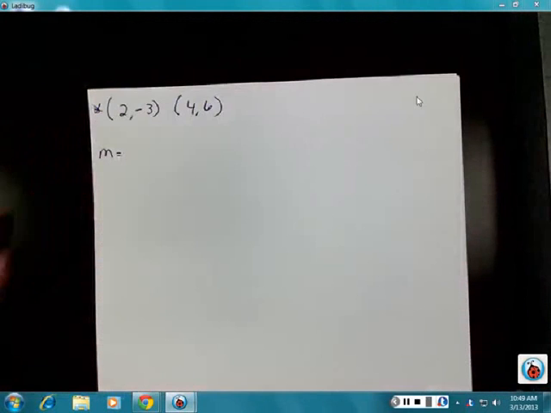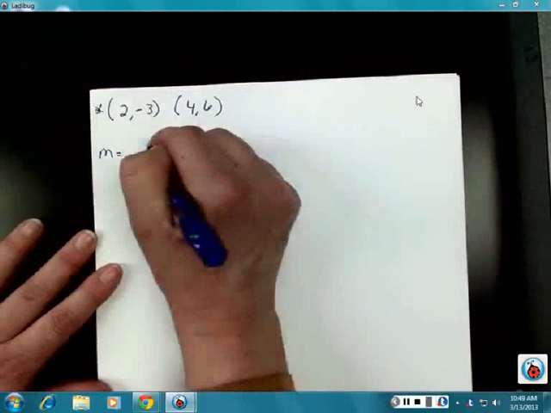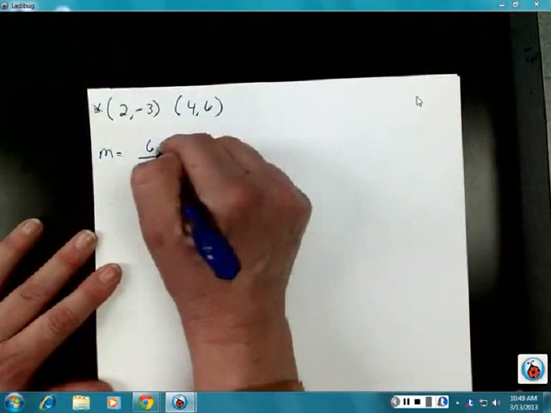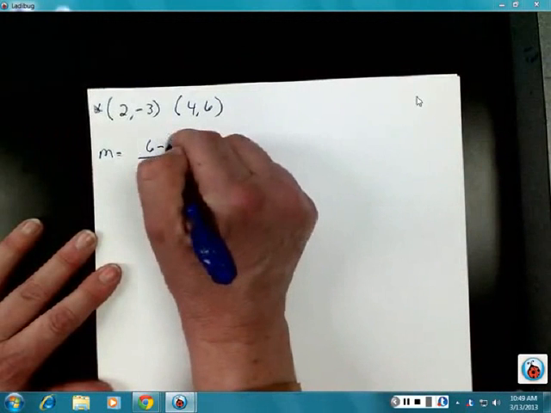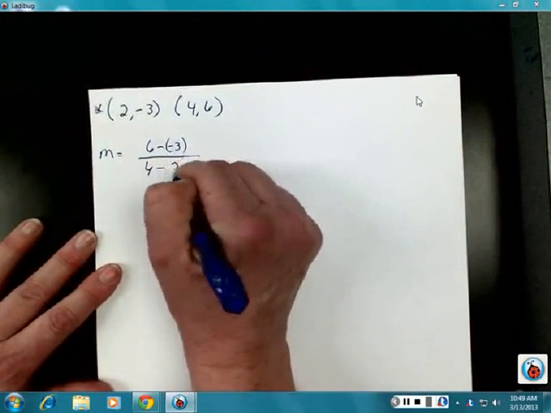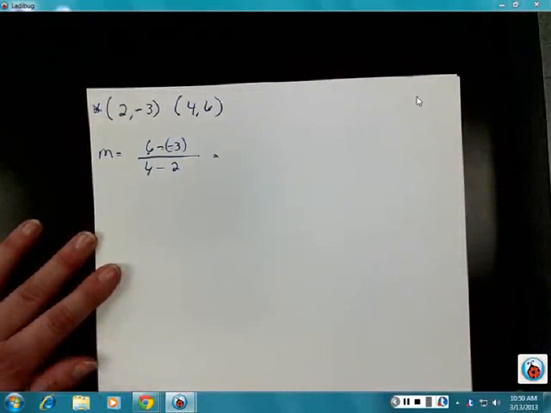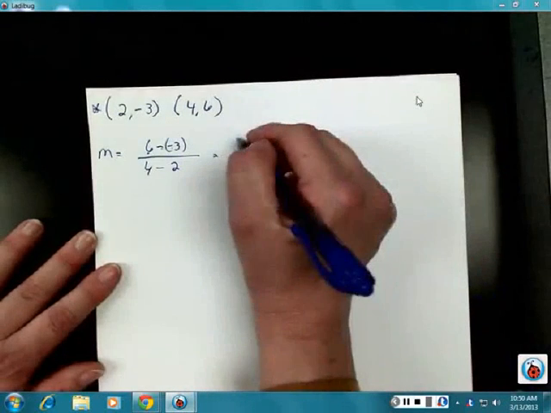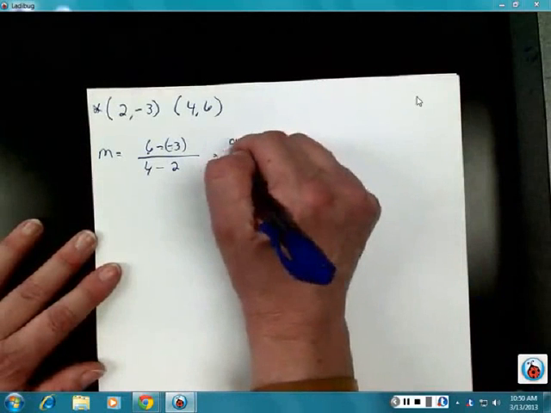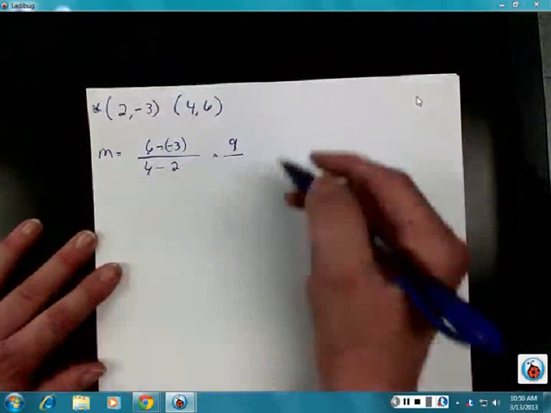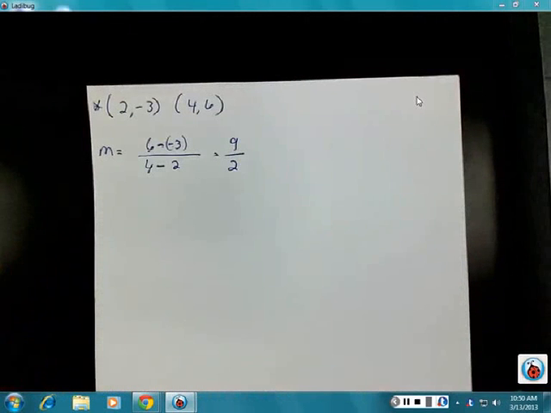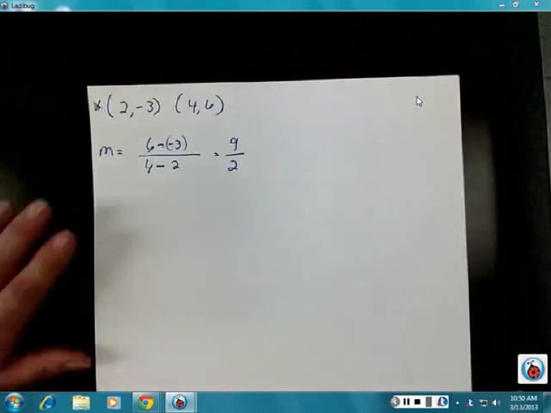So m is going to be 6 minus a negative 3 over 4 minus 2. So 6 minus a negative 3 is really 6 plus 3, must be 9. 4 minus 2 is 2. Okay, so my slope is 9 halves.